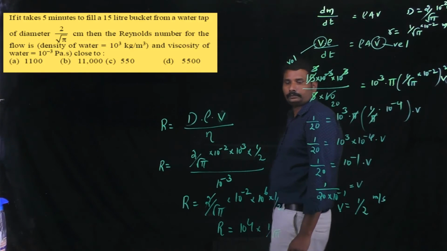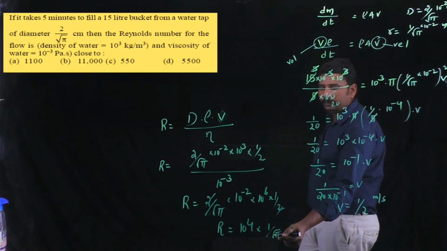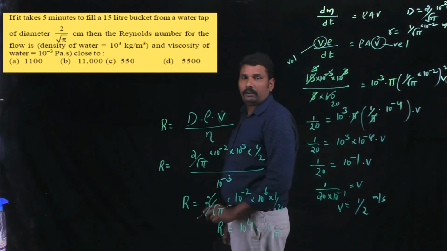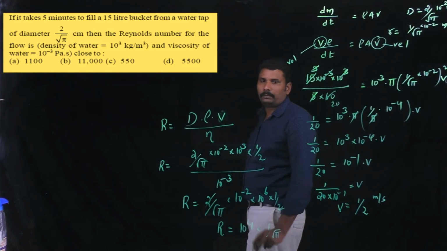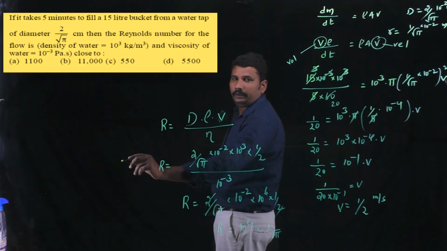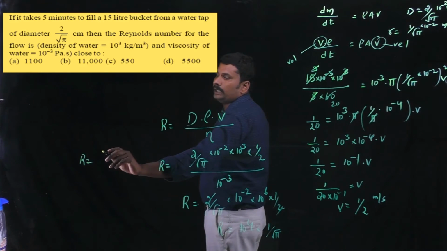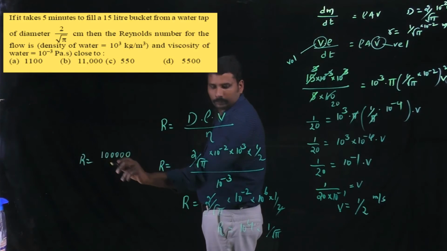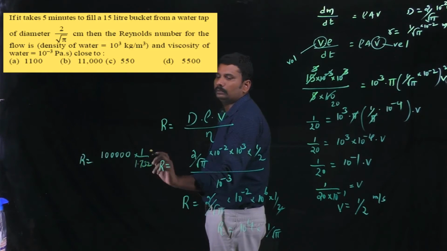So, the value of 1 by root pi. The value of pi is 3.14 and the value of root pi, approximately it is root 3. The value of root 3 is 1.732, and we get the Reynolds number as R equals to 10 power 4 into 1 by 1.732.